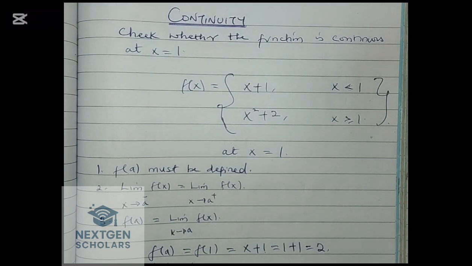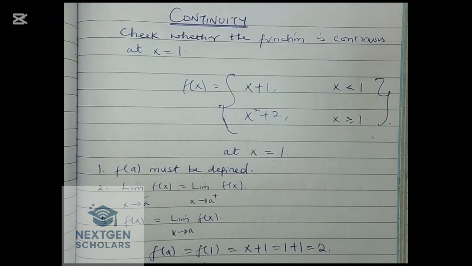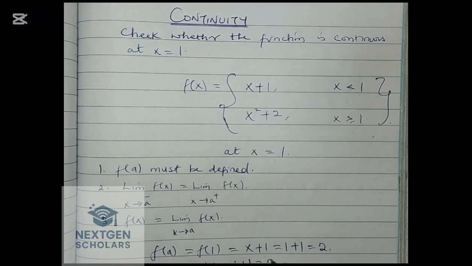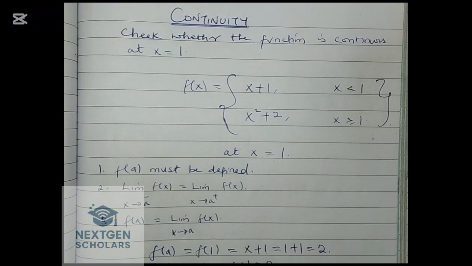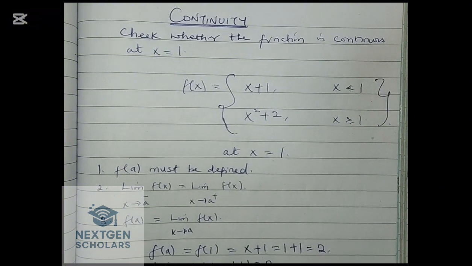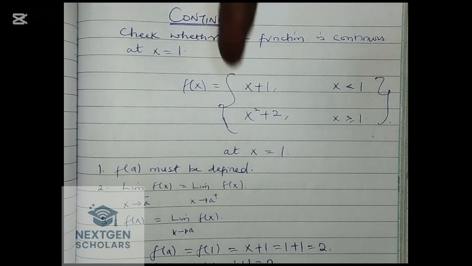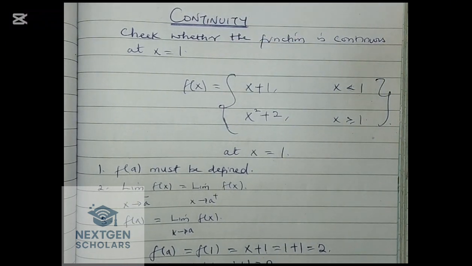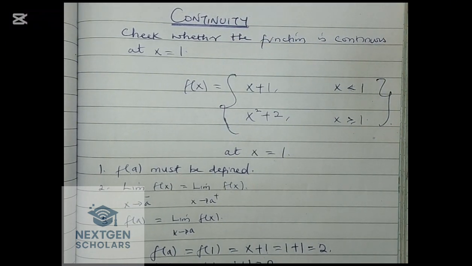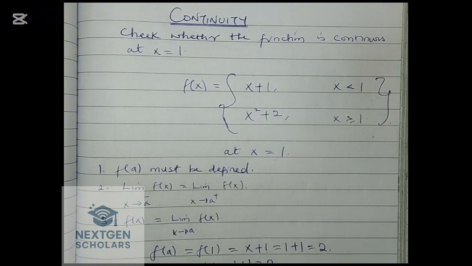So we have x plus 1 is equal to 1 plus 1, which is equal to 2. And the next one says the limit as x approaches a from the right, of the second one, x squared plus 2, is equal to 1 squared plus 2, which gives us 3.